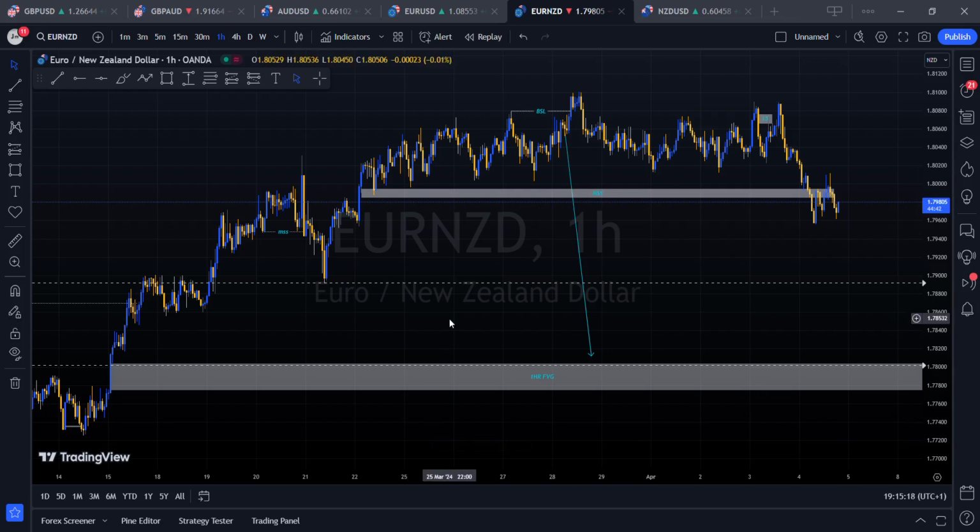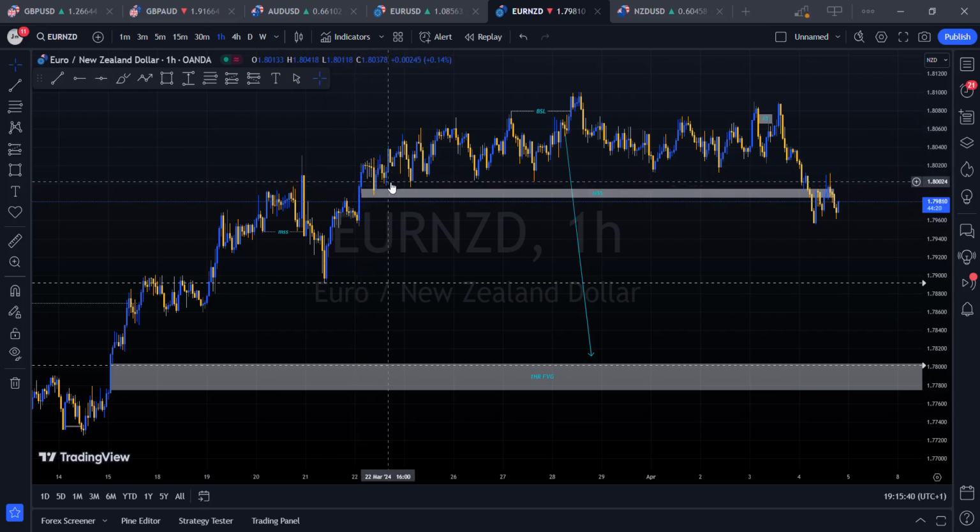I promise I'll be very quick on this. So here is what we're going to be looking at. This is the 1 hour time frame, and price has been choppy for a while. It has been so hectic for me, the way price has been behaving was like chaos, you understand?